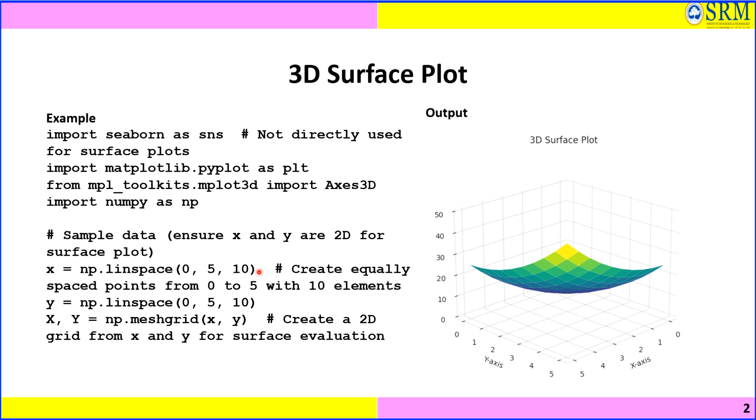If you print x and y, you can see x and y will be in 2D format, not single D format. In these two lines it is single D. After writing meshgrid, it will give the 2D values of x and y.